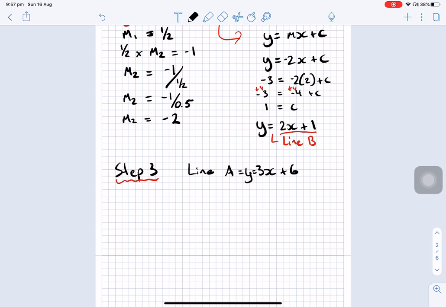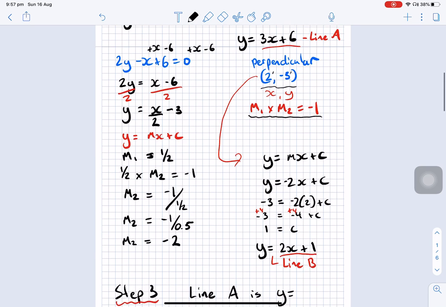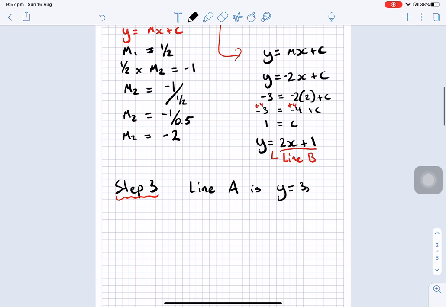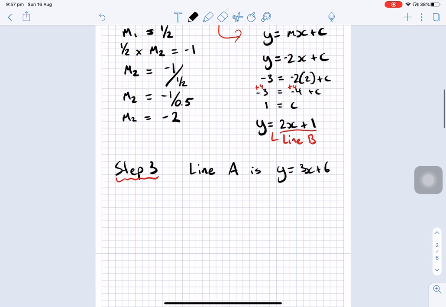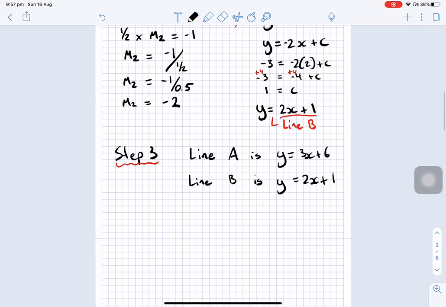I'll rewrite that so it's a bit neater so it makes sense. Line A is y equals 3x plus 6, and line B is y equals negative 2x plus 1.